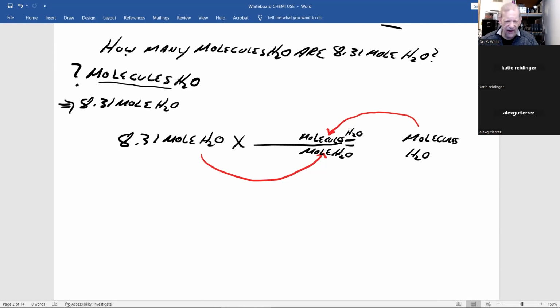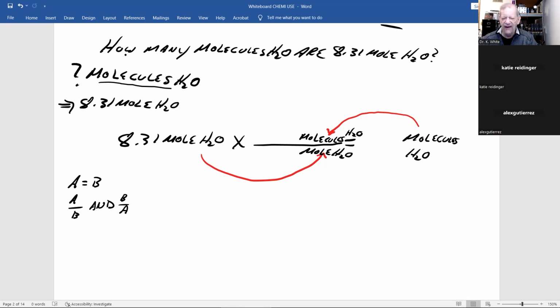And remember I taught, if you have two things equal to each other, there are two possible ratios that you can form, A over B and a separate ratio, B over A.